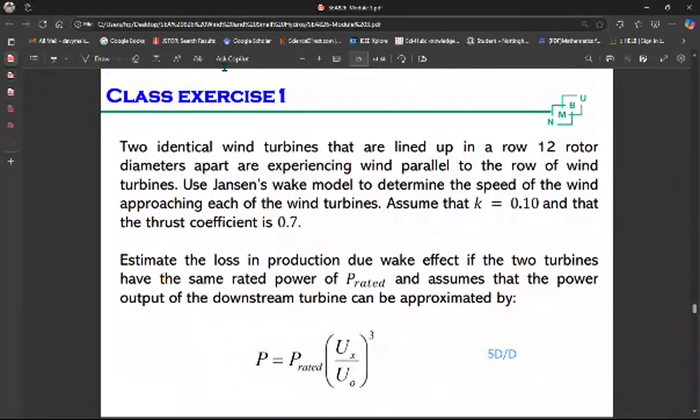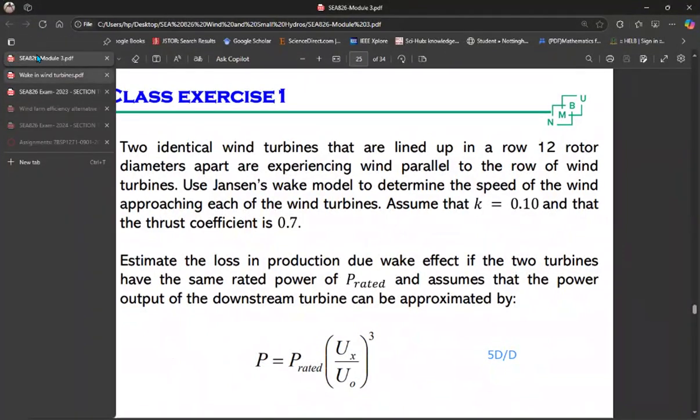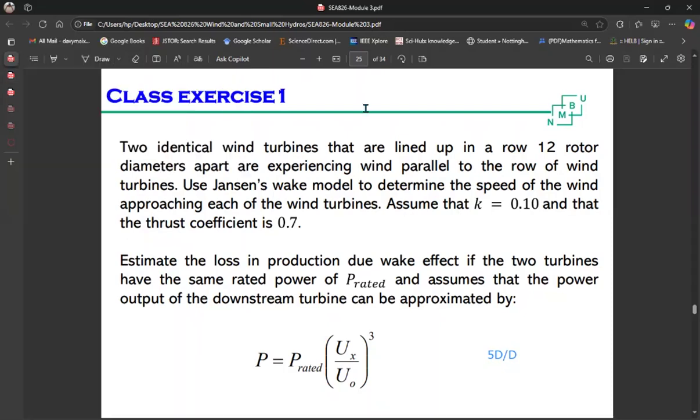Remember I said about the distance being given in diameters. So we have our x being equal to 12D, 12 diameters. As you can see here, this is 12 rotor diameters.